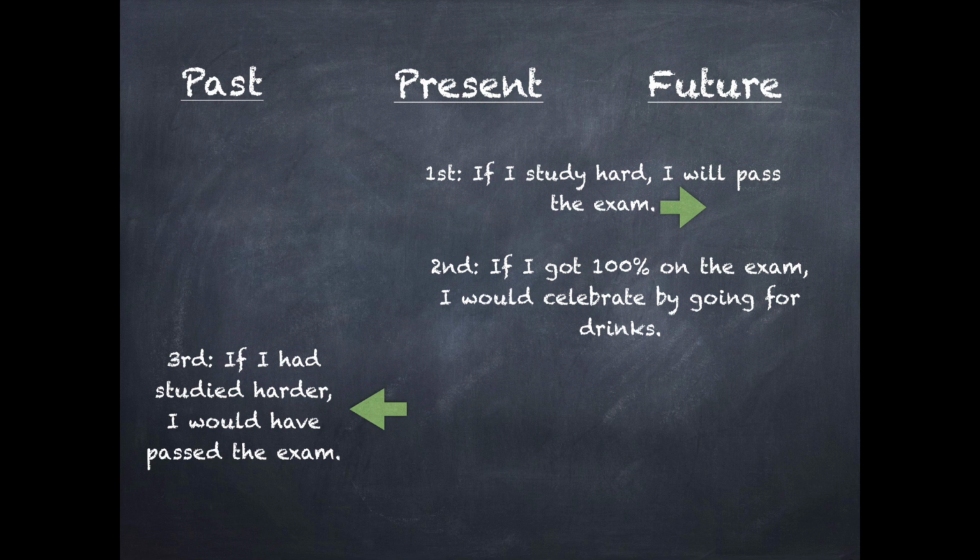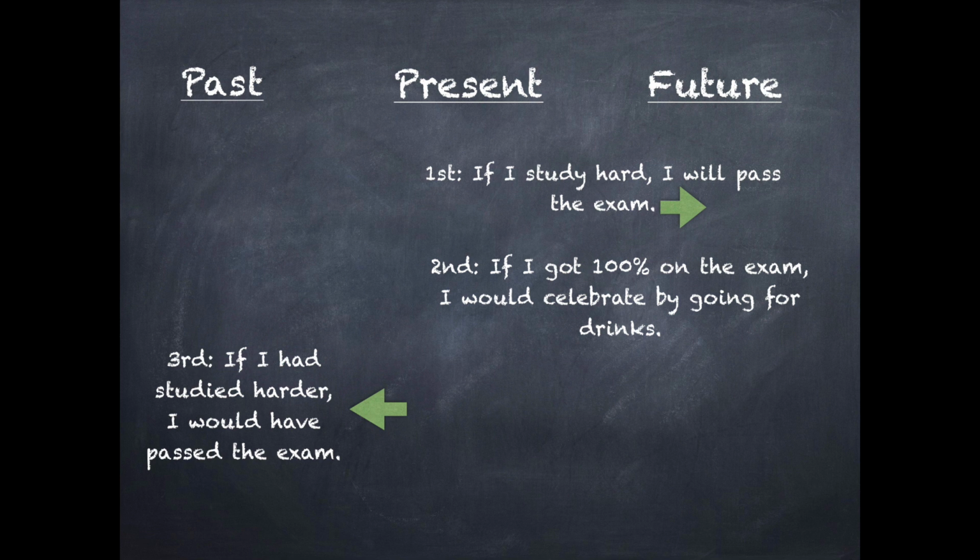This person is imagining the situation because they know it's very, very, very unlikely that they're going to pass the exam in the future. Okay, so in terms of time here, we are referencing from the present point to the future.